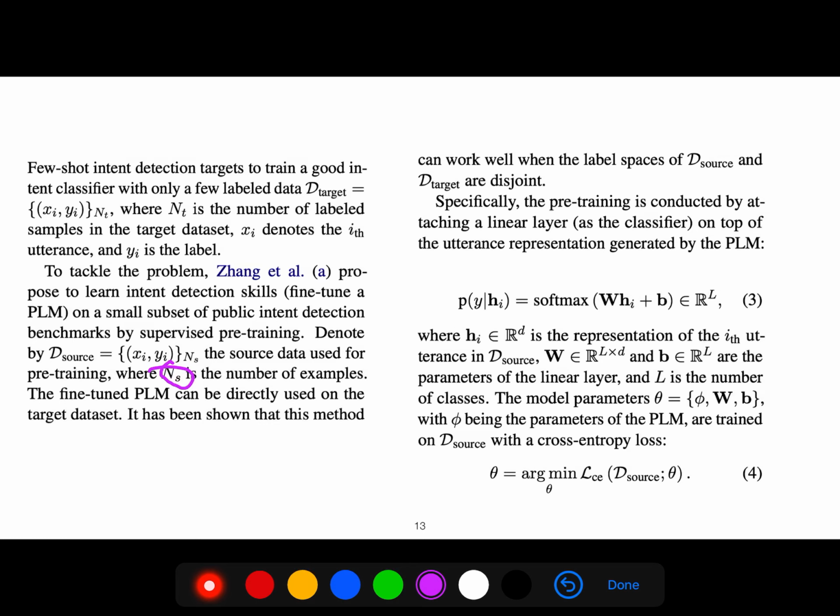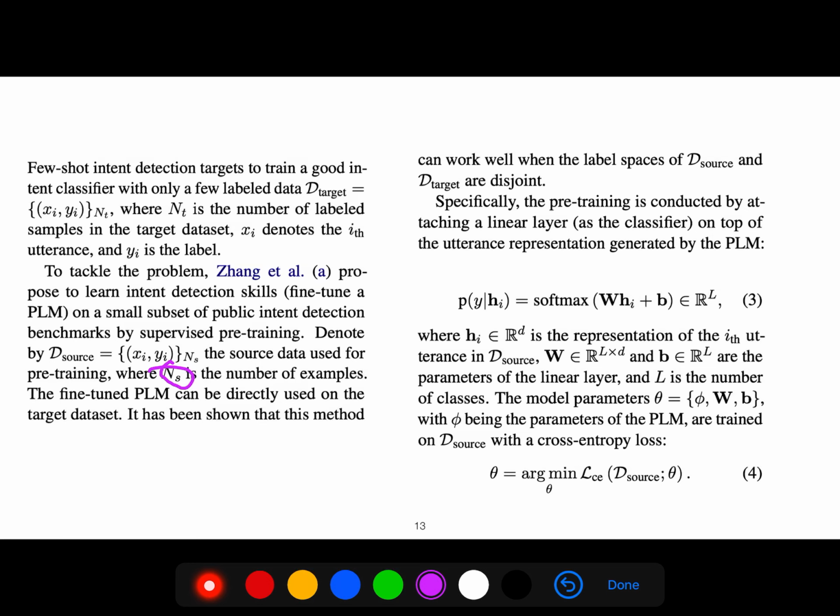It has been shown that this method can work well when the labeled spaces of the source and the target are disjoint. Specifically, the pre-training is conducted by attaching a linear layer on top of the utterance representation generated by the pre-trained language model.